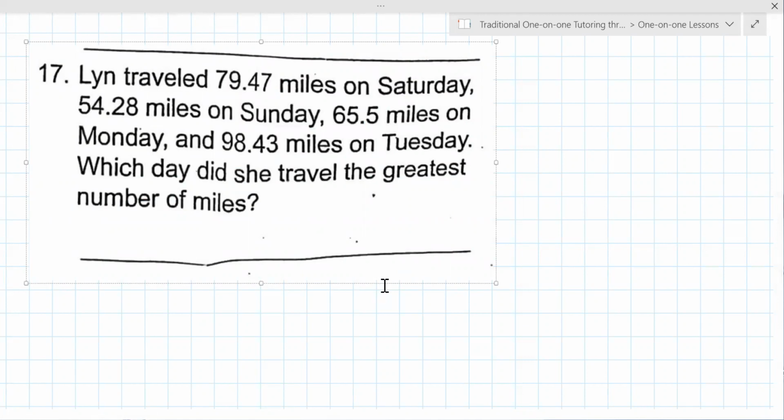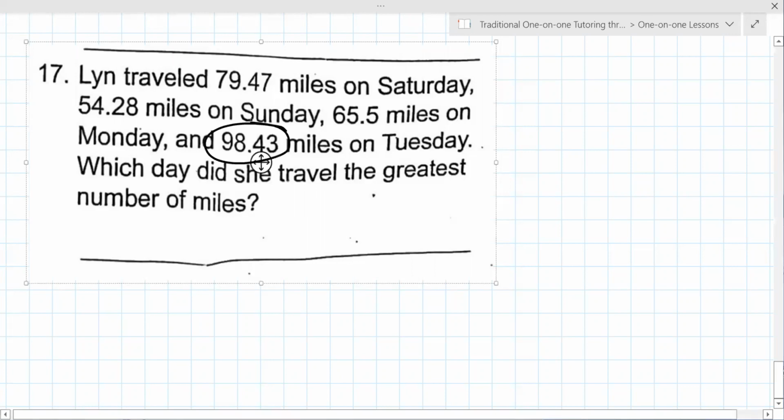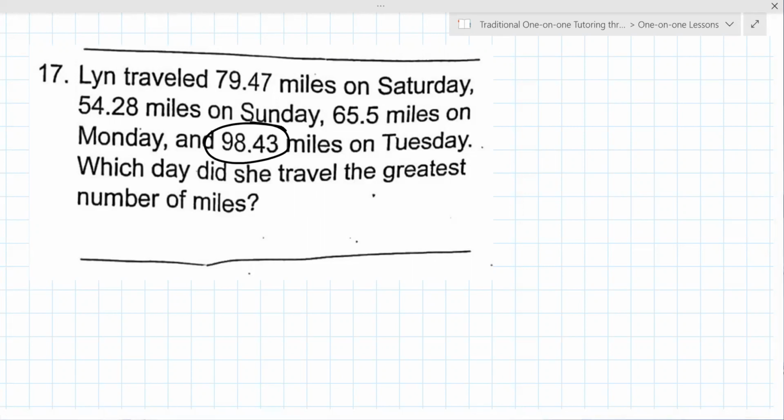Which day did she travel the greatest number of miles? Yeah, so you're just looking for the biggest number. 98. So on Tuesday. Yes. So that's it. I mean, there's no math to do here, unfortunately.